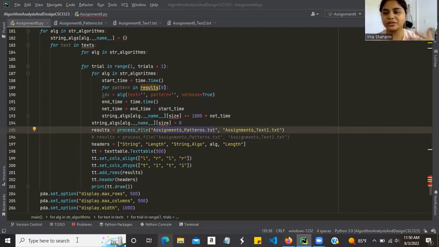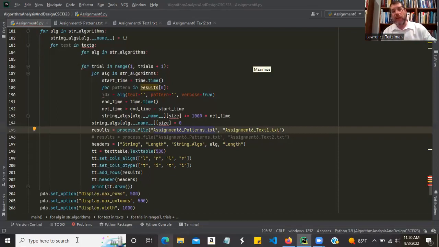So I iterate using a for loop. You need a threefold for loop, right? You're iterating over algorithms, you're iterating over text, and you're iterating over patterns. Now, what I wrote in the chat was to put the algorithm on the inside. You can do the algorithm on the outside. It doesn't really matter as long as you have the nested loop.